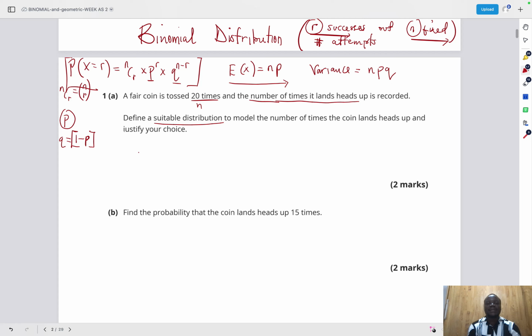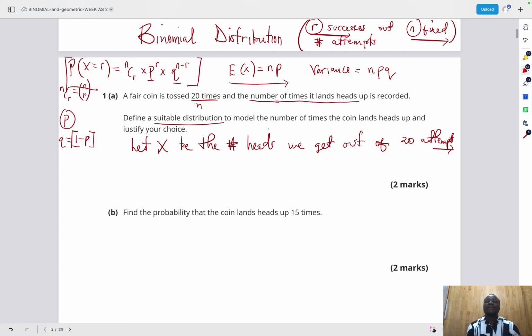Then we must say, okay, let x be the number of heads we get out of 20 attempts. If we just say that, it simply means we've turned this question into a binomial distribution, because remember, a binomial distribution looks at R successes out of a fixed number of attempts.